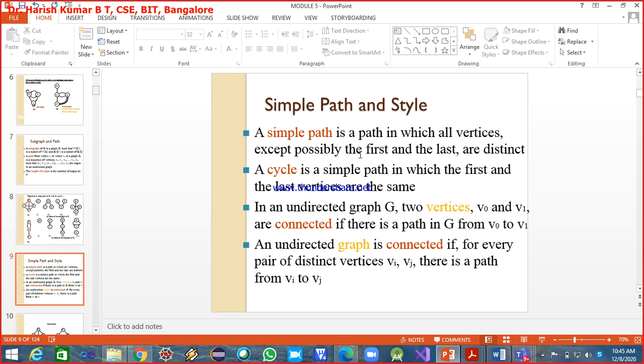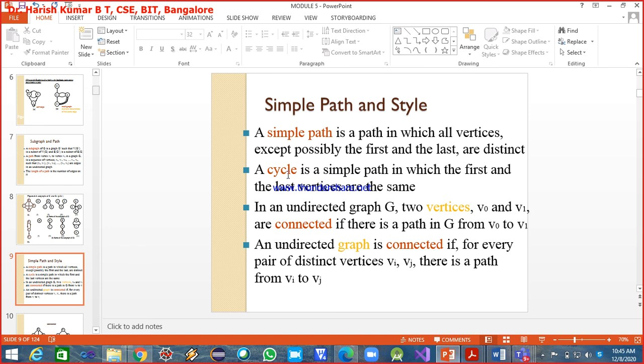All the other vertices which come in between the first and the last must be distinct vertices. They should not be the same vertices. Then we say it is a simple path.